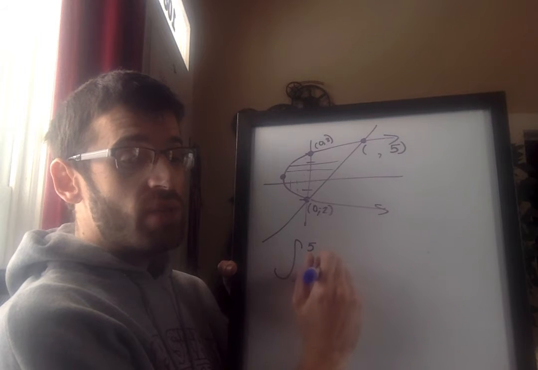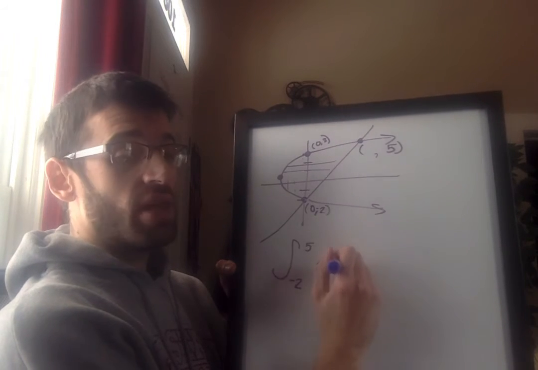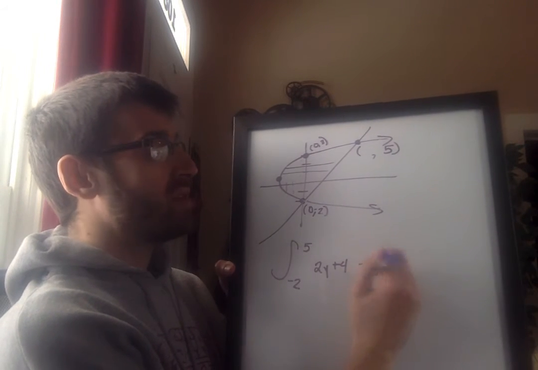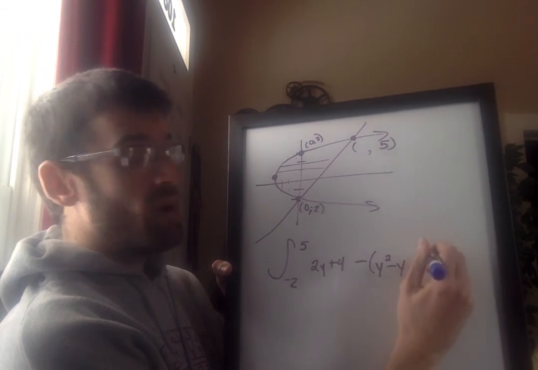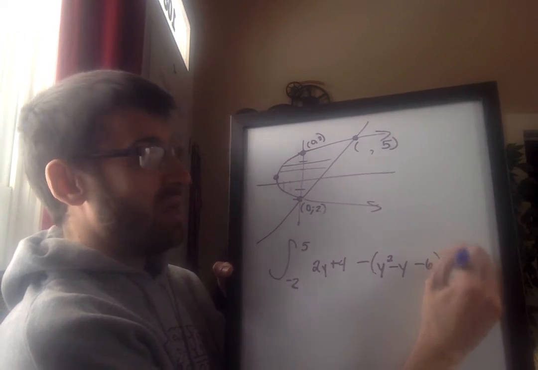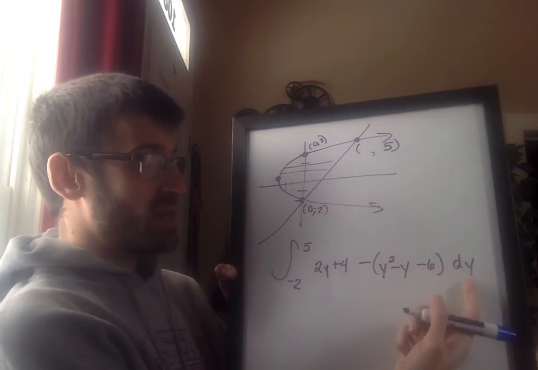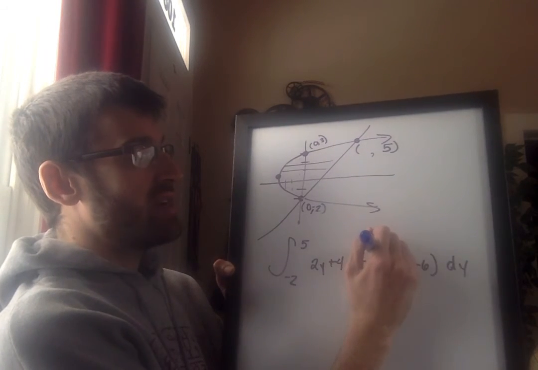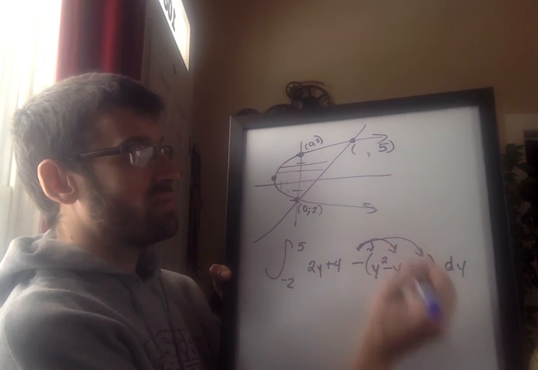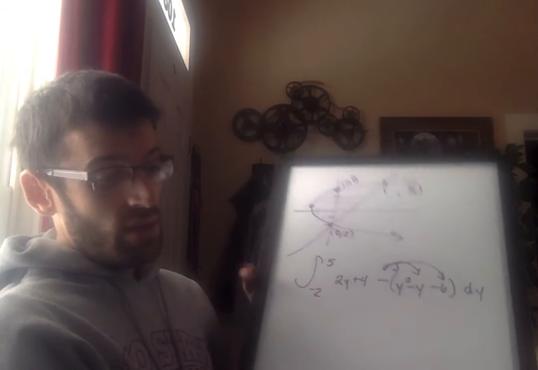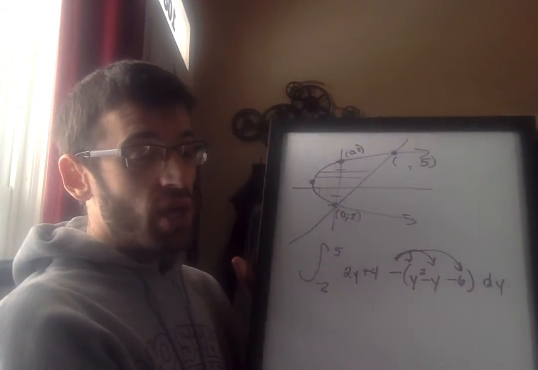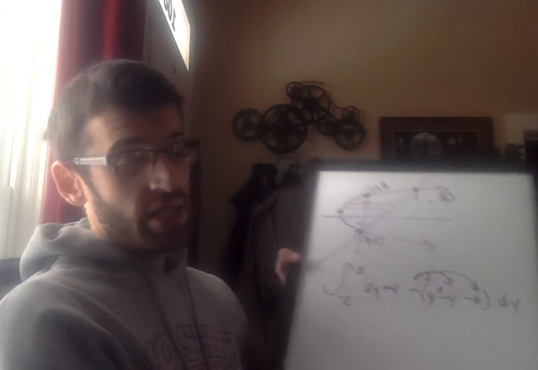So that is the line 2y plus 4 minus the quantity y squared minus y minus 6, with respect to y. What I would have done is distribute this, combine, and then integrate. The answer was 343 over 6.